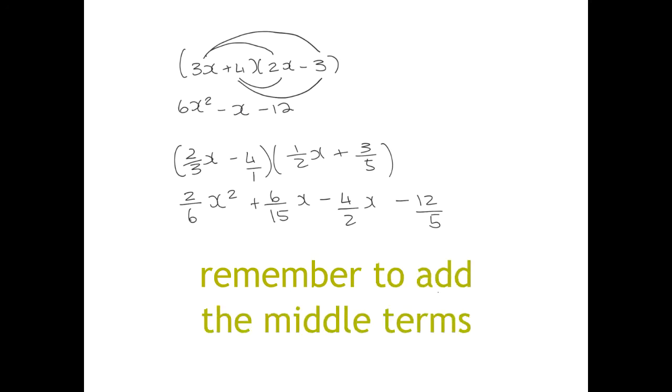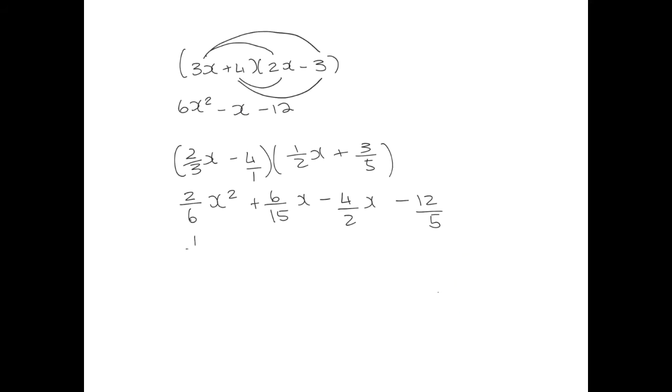Okay? So now, 2 over 6, you use a calculator. Please do not leave it as 2 over 6. It's 1 over 3x squared. You're going to simplify. Well, we can simplify this first, or you can add it straight on your calculator. 6 over 15 is 2 over 5, and that is 2. So if we added this on our calculator, remember, these are like terms, so we can add them.